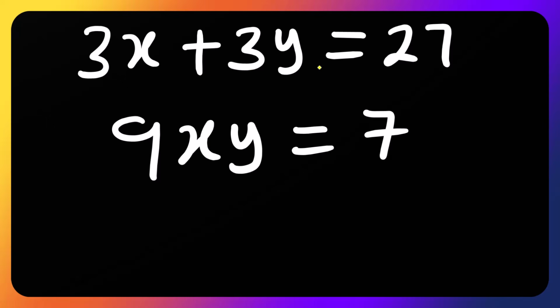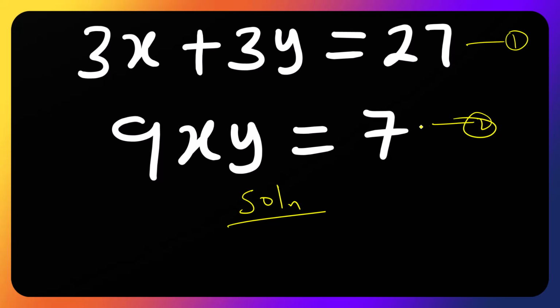Now let's solve for x and y here. Okay, so let's observe the two equations carefully. We have the first one here and the second one. All right, now we can divide 2 by 3 from here, or we can factorize 3 out here.